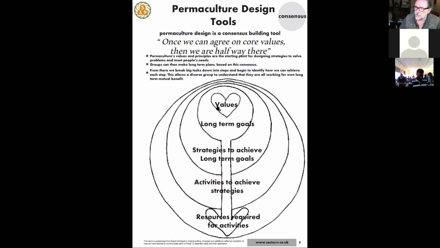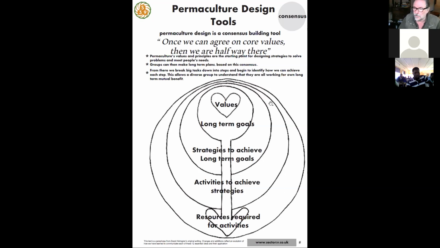To work together as people, we need to understand that we're operating from the same values. I think that's the thing that brings us together. So once we can commit to an idea of earth care, people care, fair share, setting limits, investing surplus to develop towards mutually beneficial goals, then that's really interesting.